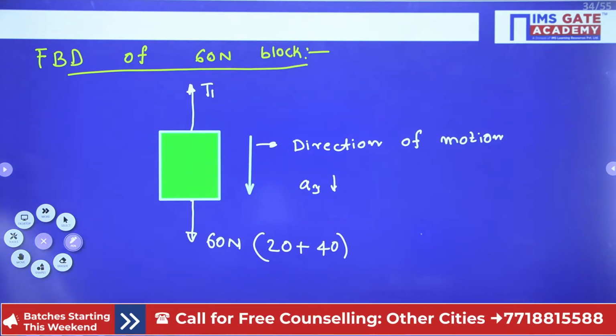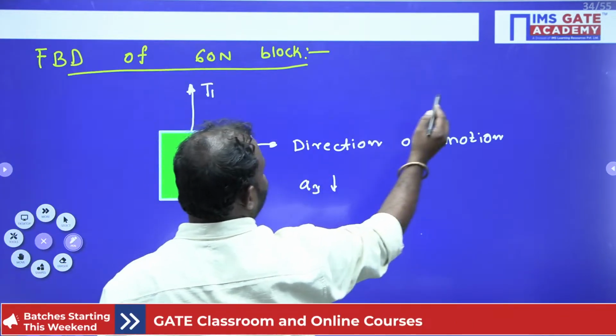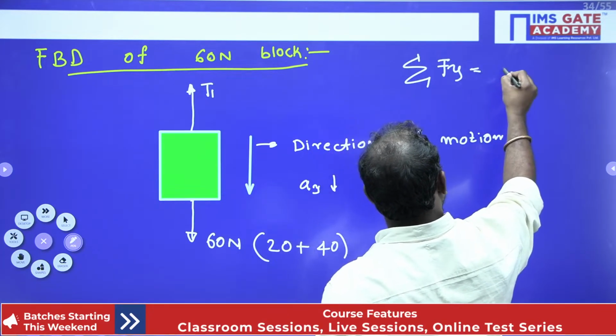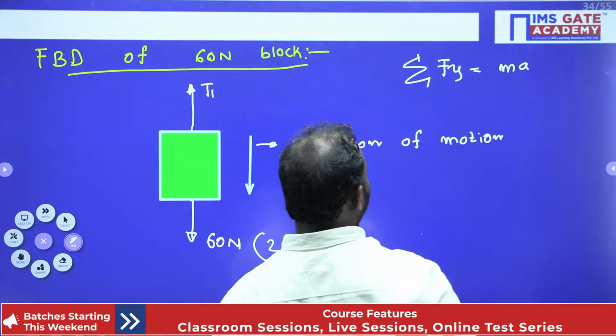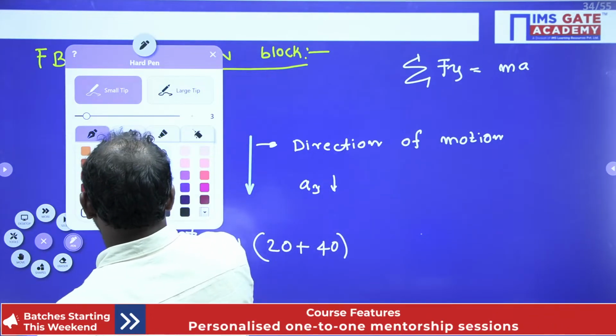Now here I will write sigma Fy is equal to m Ay. Now how can I write my sigma Fy equation?